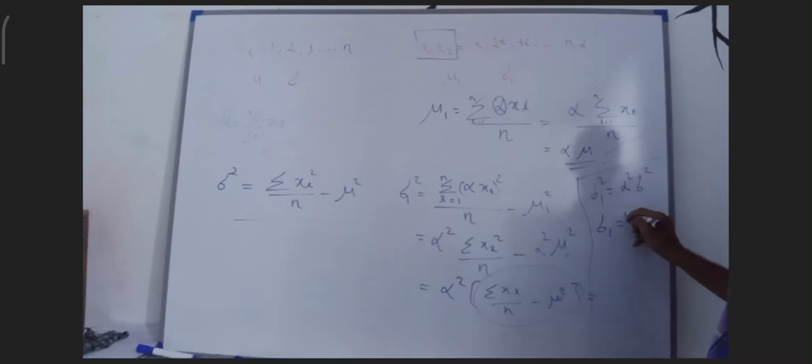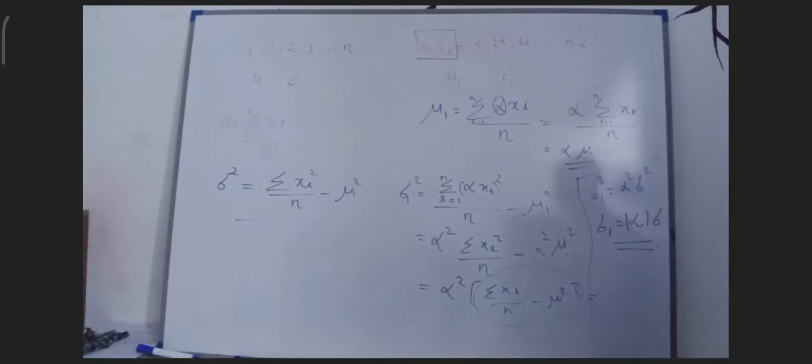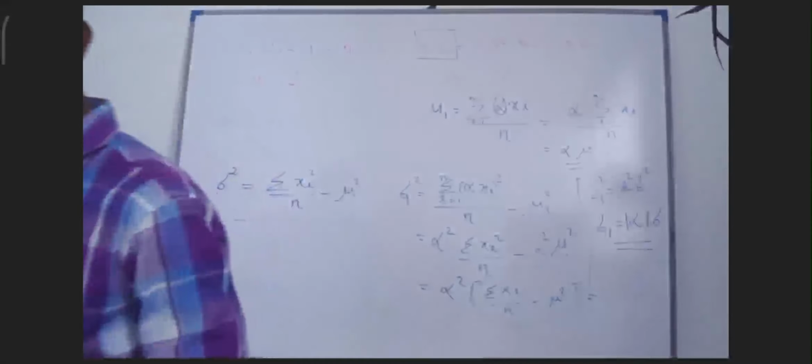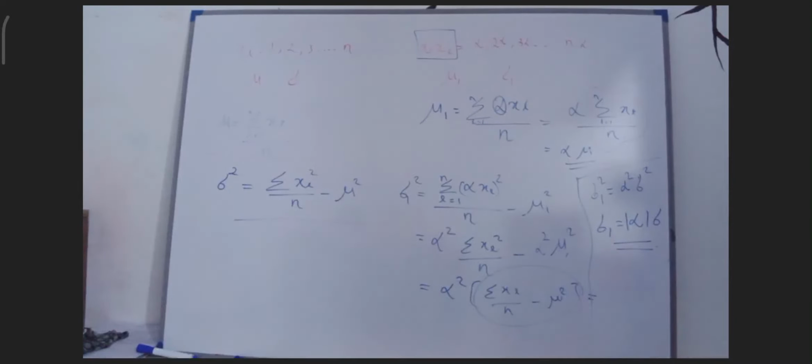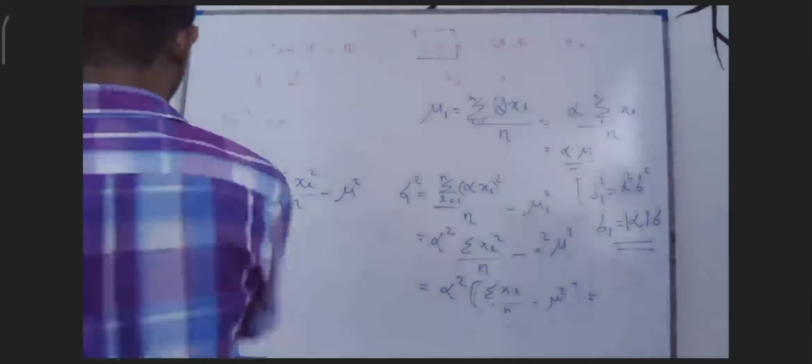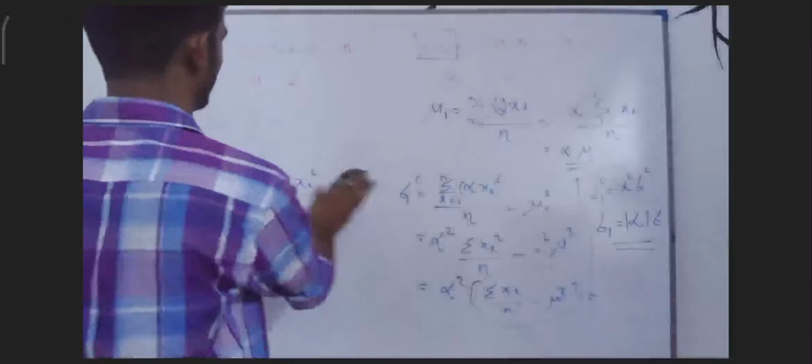Alpha can be positive or negative, so I can use modulus alpha times sigma. Okay, so this is the answer, and this is the proof for the first part of the B question. Now the second question is asked by giving a grouped data set. Let me erase this portion.